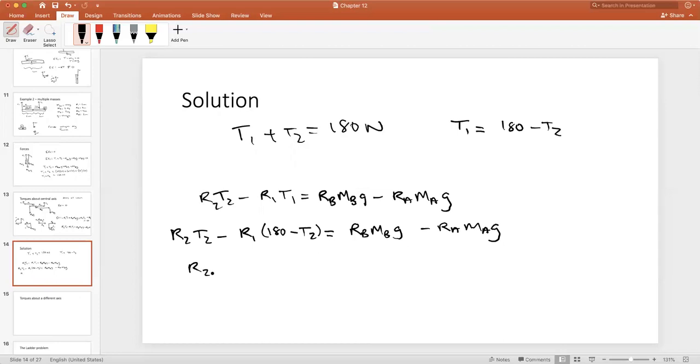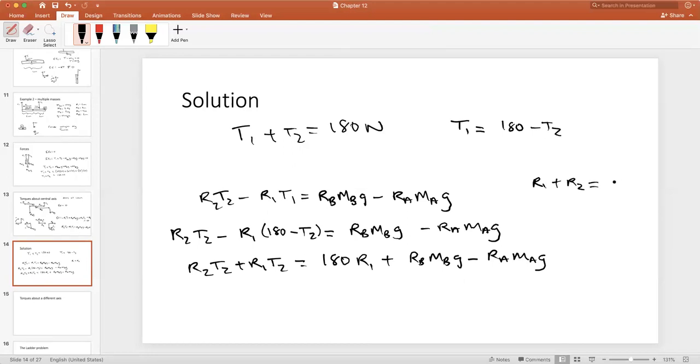This becomes R2, T2 plus R1, T2 is equal to, this would be negative R1 times 180, move it over, and we get 180 times R1 plus RB, MBG minus RA, MAG. Note that this is R1 plus R2 times T2, and R1 plus R2 was 10 meters.